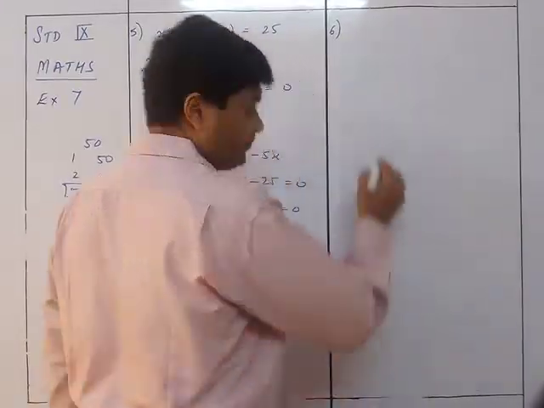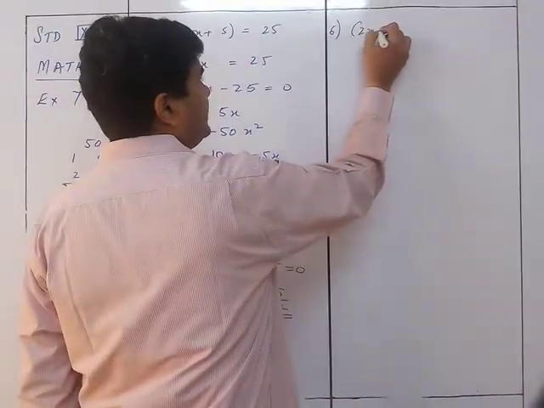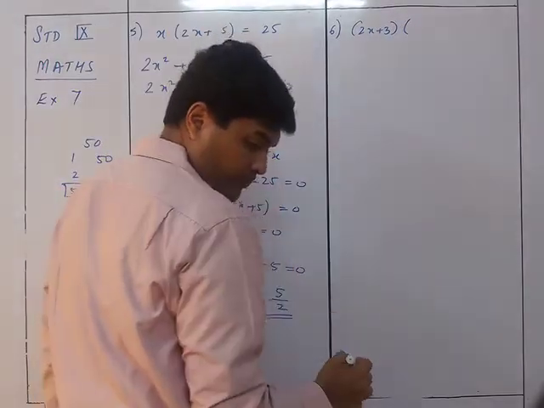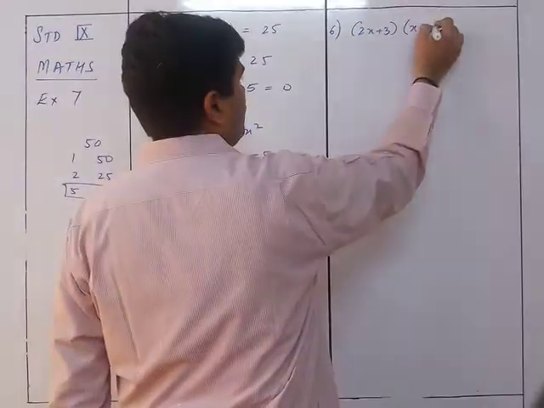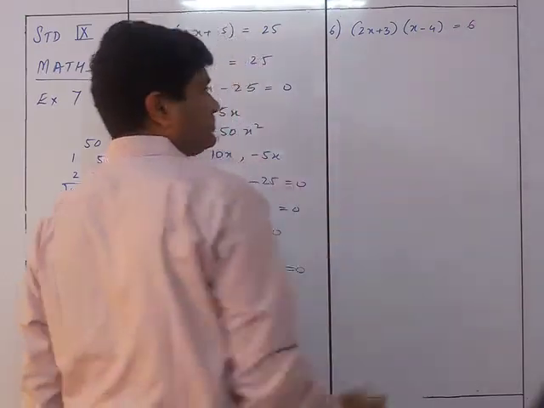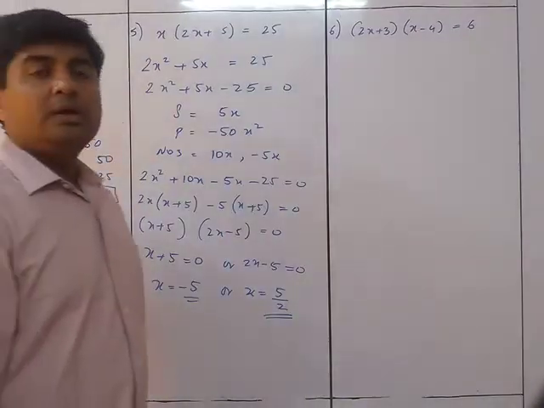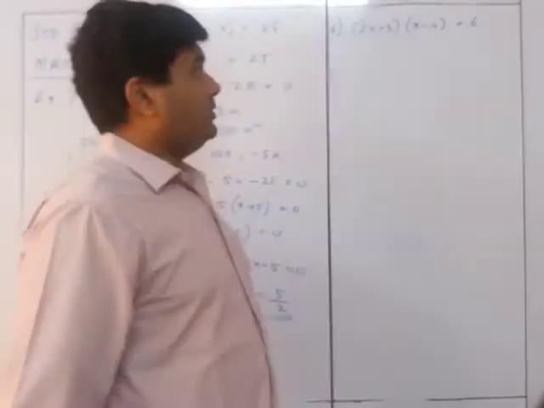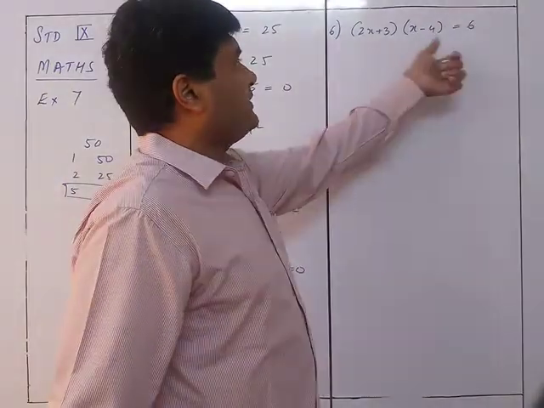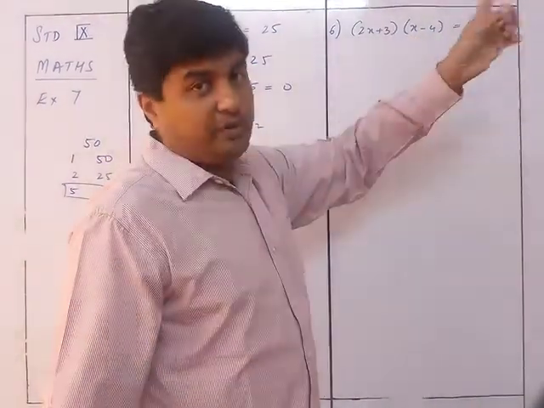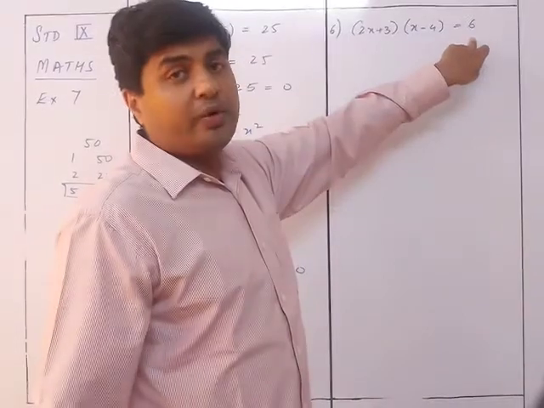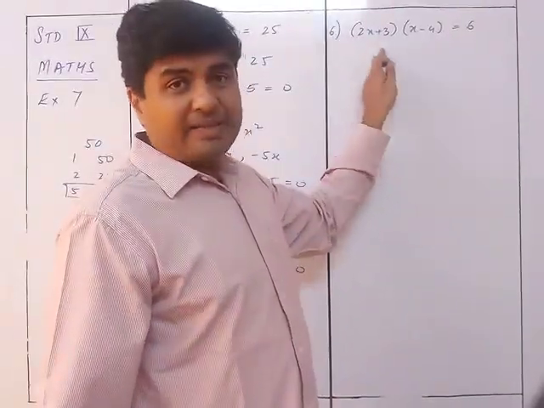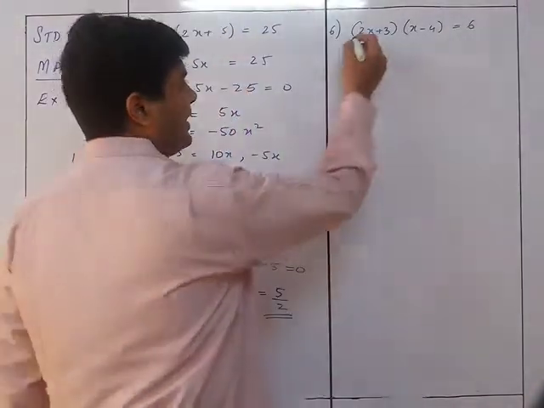It's given as 2x plus 3 into x minus 4 is equals to 6. Now you can see in this sum again, you cannot take 2x plus 3 is equal to 6 and x minus 4 is equal to 6, because this is not 0. So what we need to do is multiply these binomials. How do we multiply binomials?